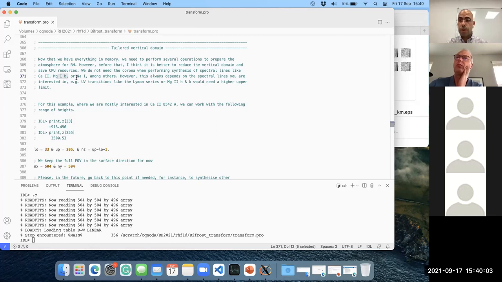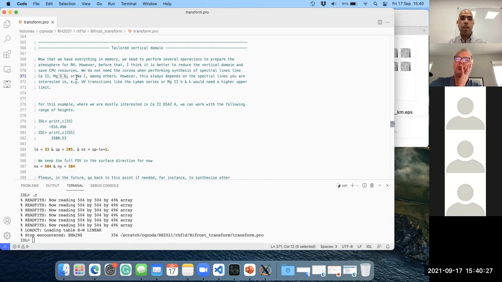But it's also true that in complex layers like the transition region or the corona, the atmospheric parameters could behave in a very complex way. Even if that is not affecting the solution of the calcium line, it could affect RH in the sense that it could make it crash.